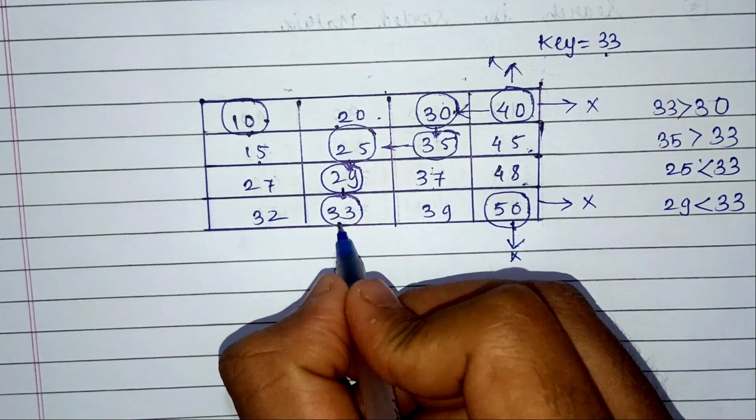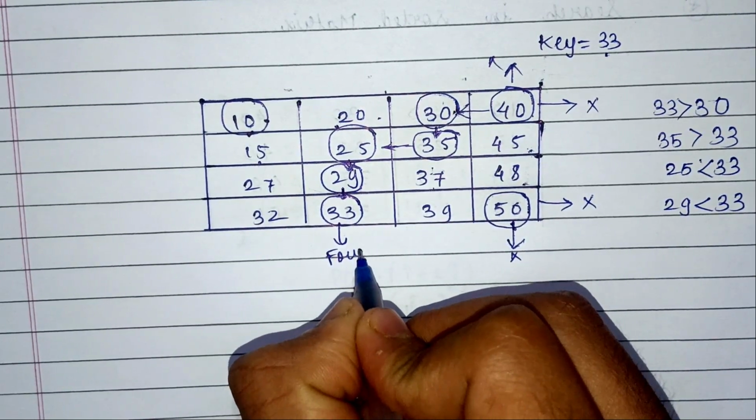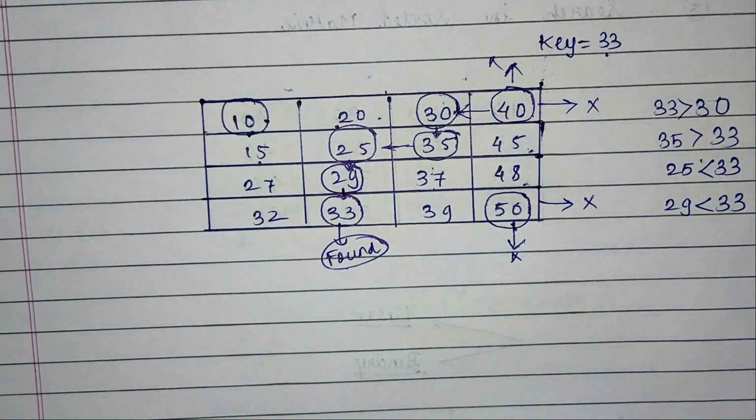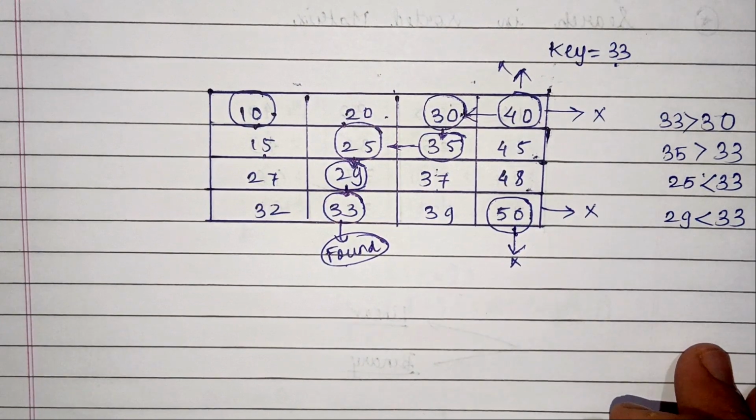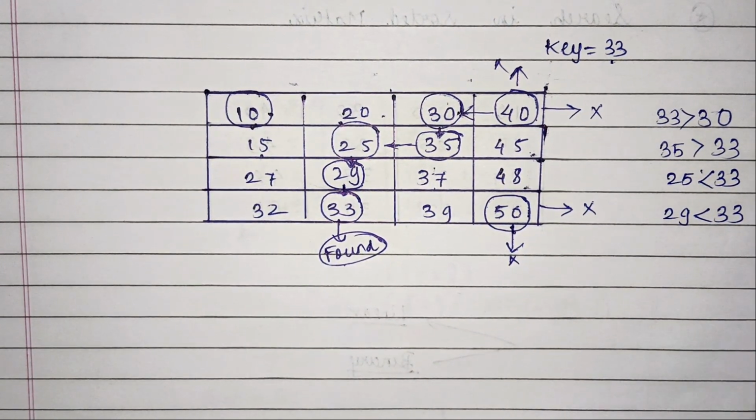And here we will find our key. So this is the most optimized approach to find a key in a sorted matrix.